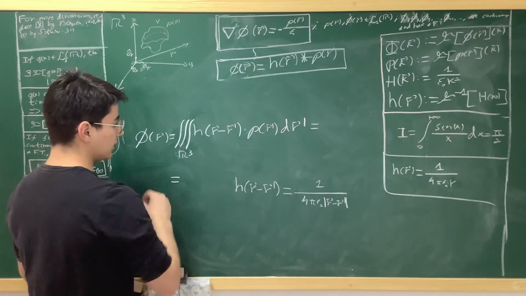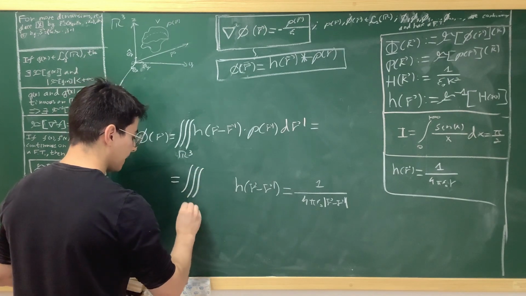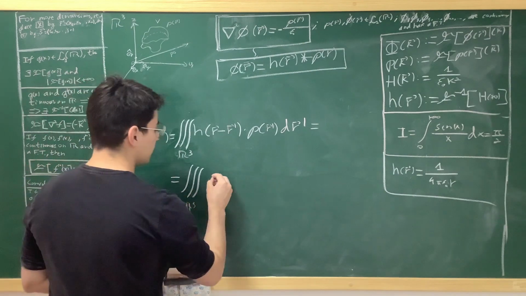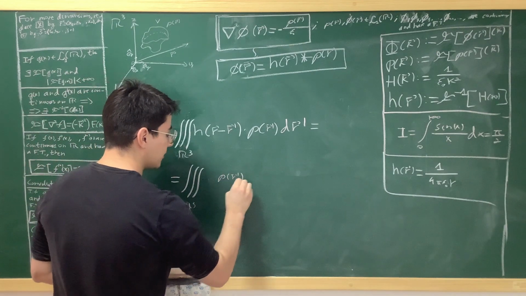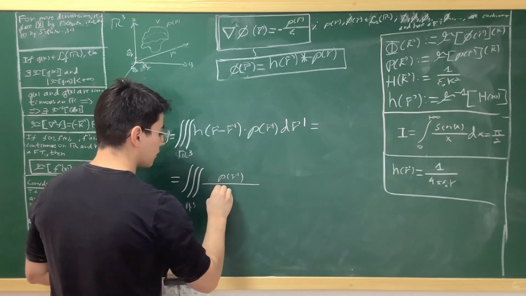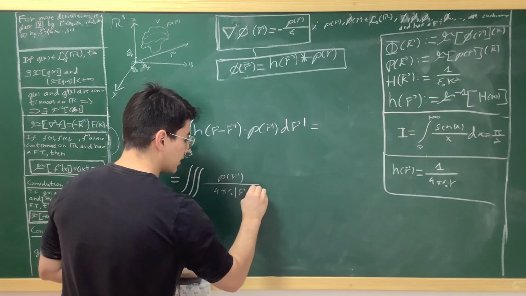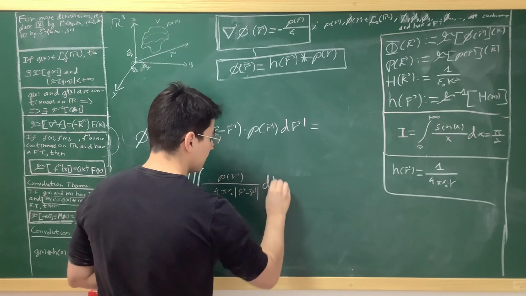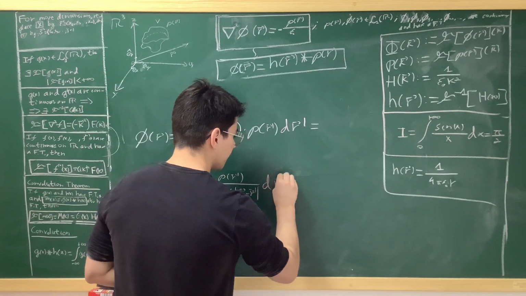So we're just writing what h is, writing this volume integral. We get rho of r prime on top, over 4 pi epsilon naught times the modulus of r minus r prime, dV, or dr prime.